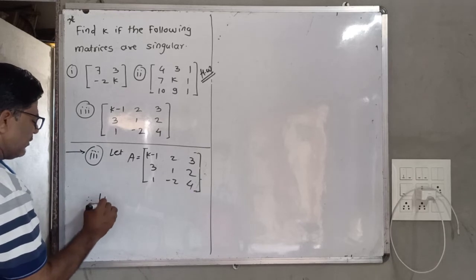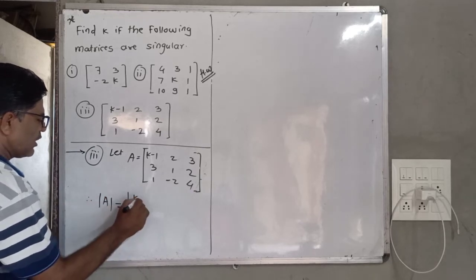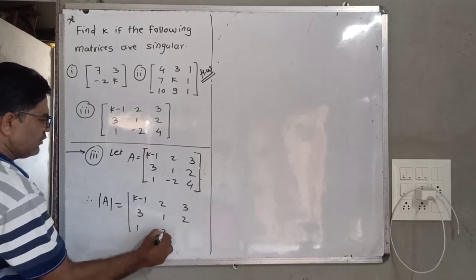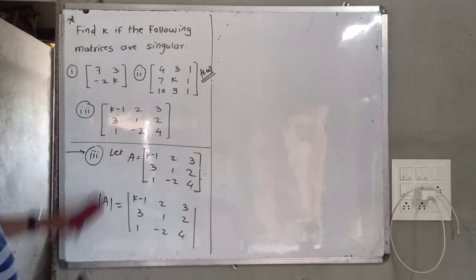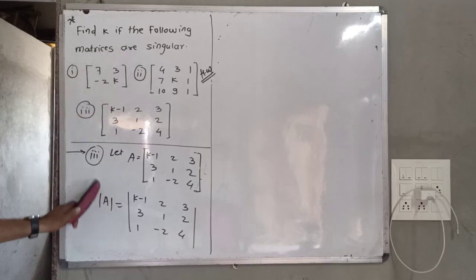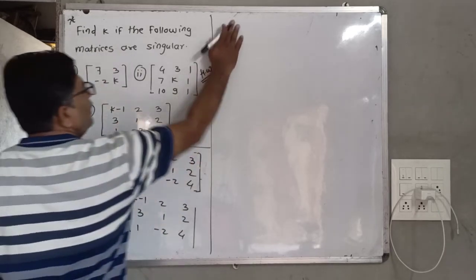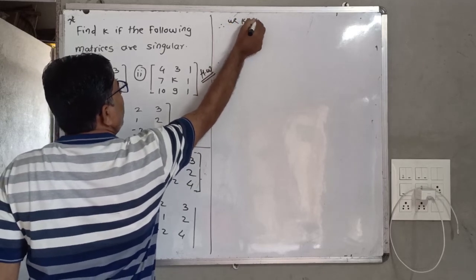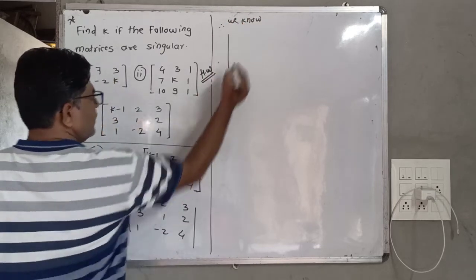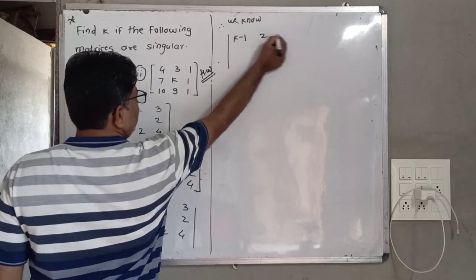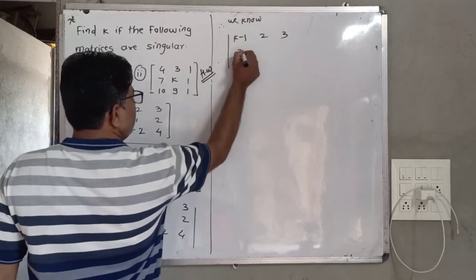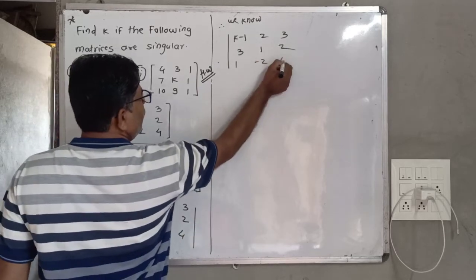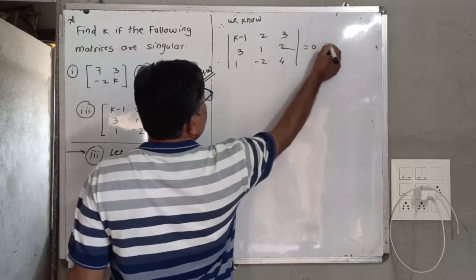Okay, therefore determinant of A equal to what? The determinant with rows k minus 1, 2, 3; 3, 1, 2; 1, minus 2, 4. But the condition is that this matrix is singular, so we know this determinant equals 0.